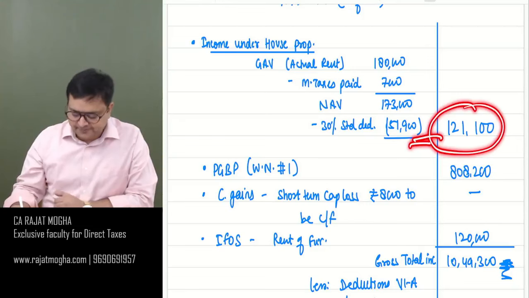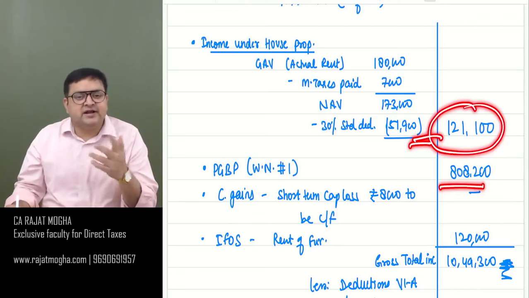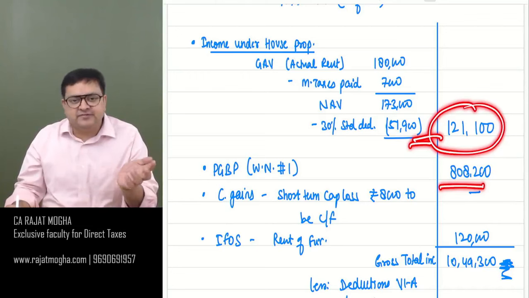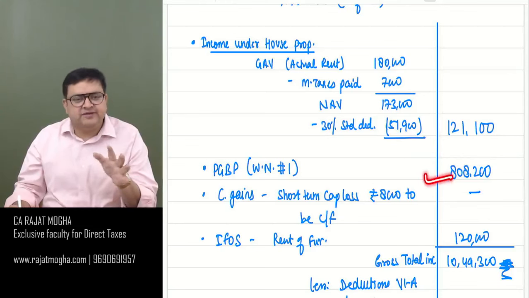All agree? In PGBP, there are only three differences. Additional depreciation, there is no additional depreciation. Second is outside research, there is no outside research. Third is 35AD business, there is no 35AD business. Only three differences are there, and in this question, none of them is there. So I believe that this is also correct as per optional and default.